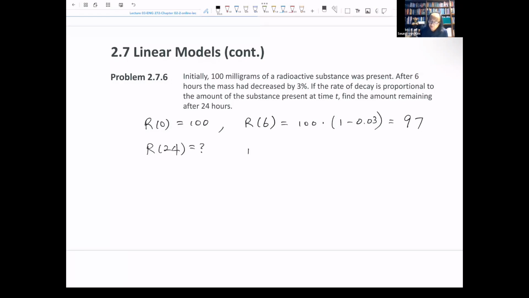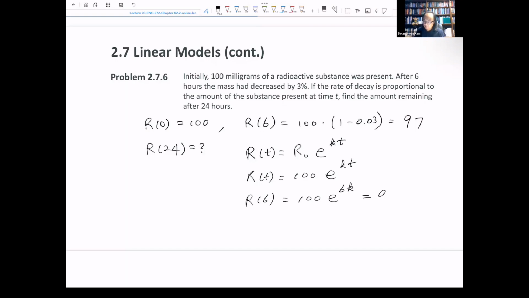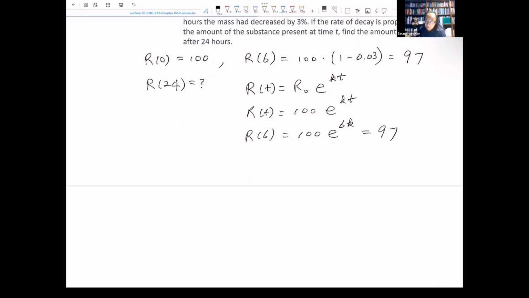Just to find R24. So start with R of t equals R sub 0 e to the kt, and we know R sub 0 is 100, and we can find k using R6 equals 97. So R of 6 equals 100 e to the 6k, that is 97. And then you divide both sides by 100.